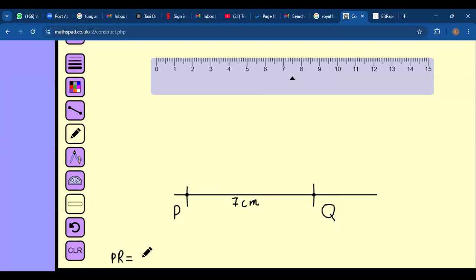PR is going to be 6 centimeters. And based on the question, what is QR going to be? 8 centimeters.